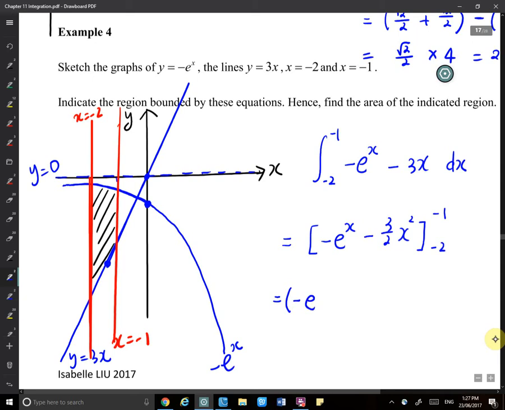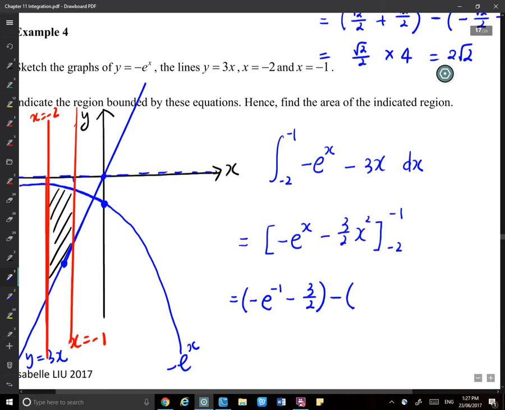We put negative 1 in, that's this, minus 3 over 2. Minus, put negative 2 in, minus 2 times 2 is 4. Okay, 4 minus 6.